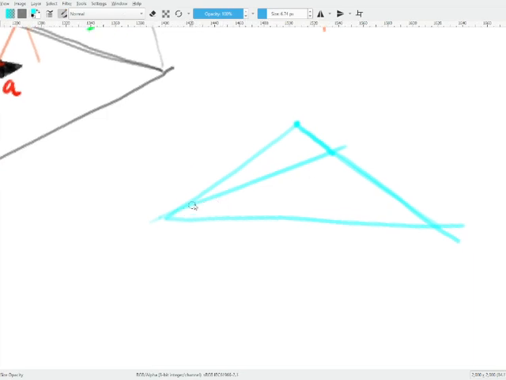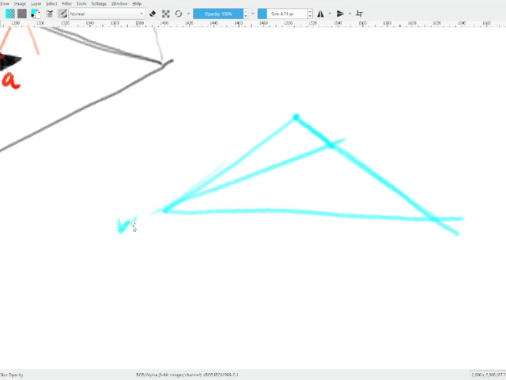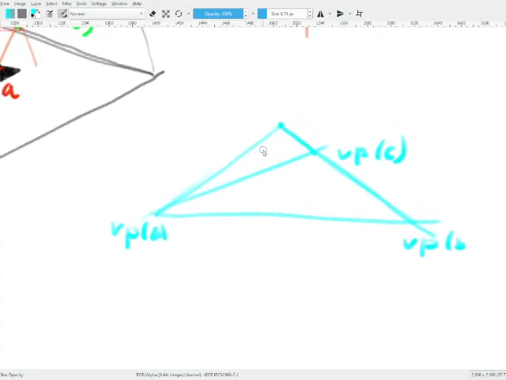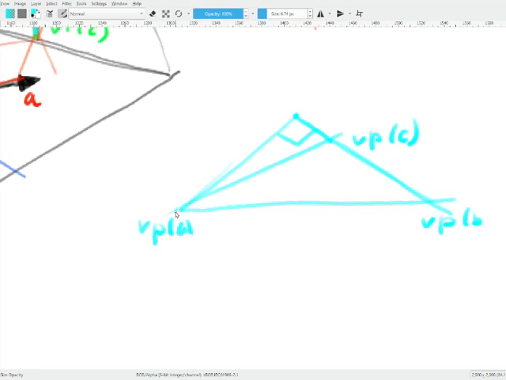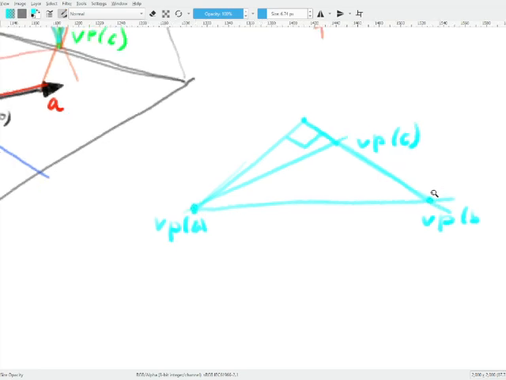And then we will have some kind of a pyramid, whose foundation is vanishing point A, vanishing point B, and vanishing point C. And we know that all these angles are 90 degrees, because all these vanishing points are orthogonal.